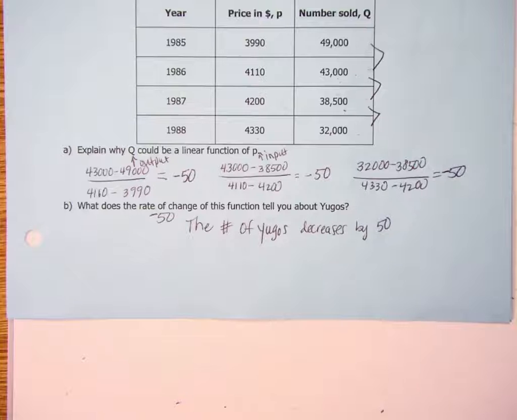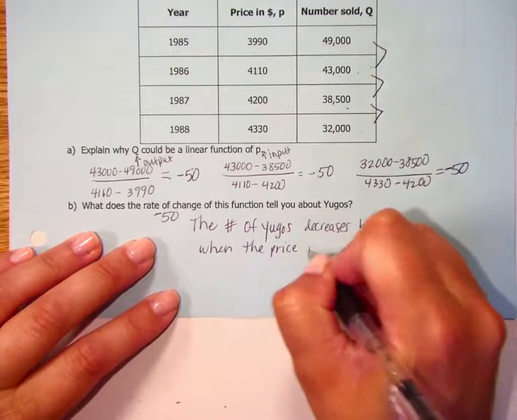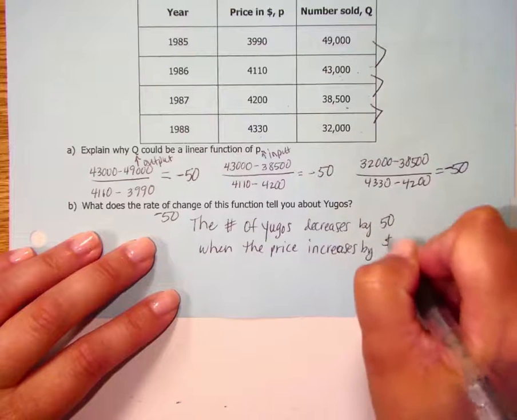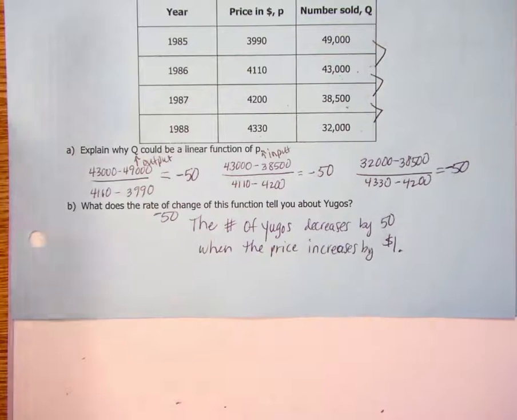Price is our input. So the number of Yugos decreased by 50 when what happened? Yes. When the price increases by $1. Good. Questions, comments?